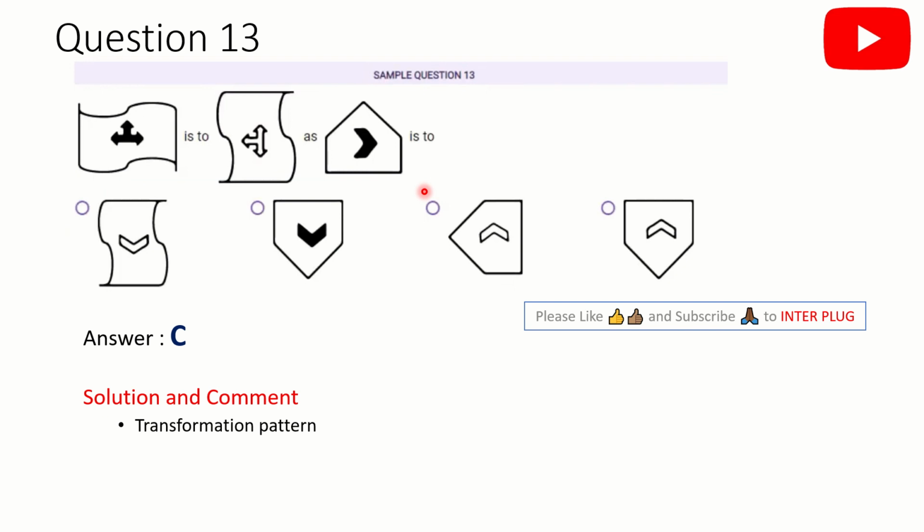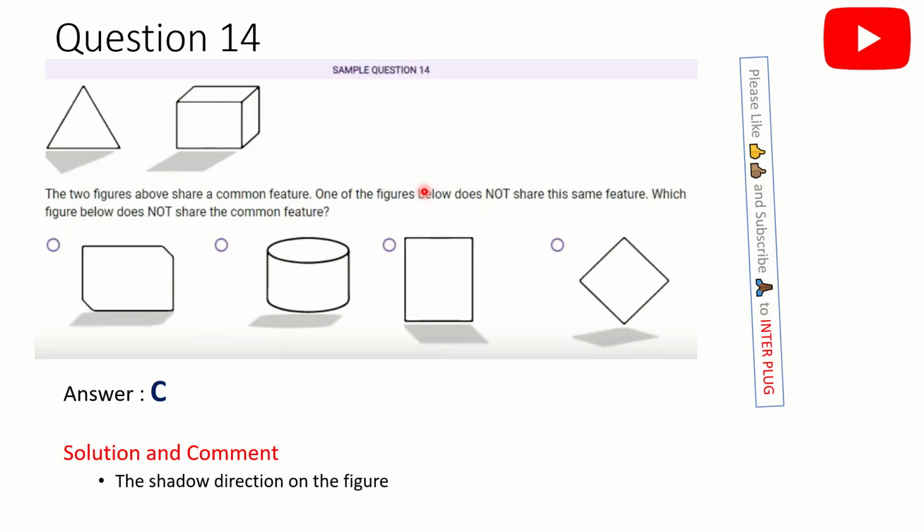Okay. So then we move to the next question, question 14. We have two figures, and then we need to identify the figure that is not part of them. So we have to identify the element that's not part of the family. So when you look at these first two, you see that they all have shadows pointing in the direction of the shadow, right?